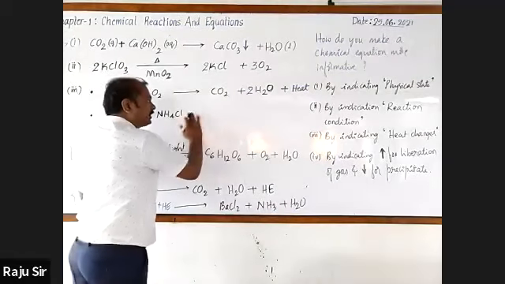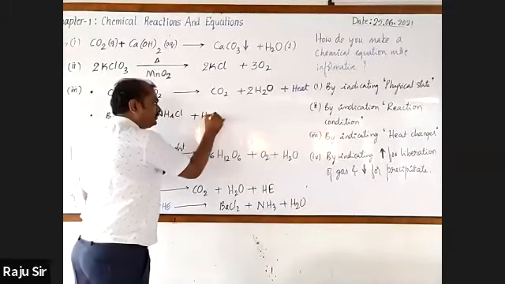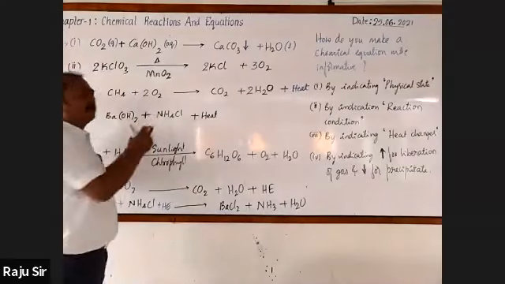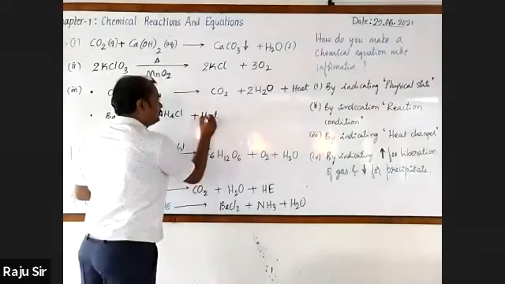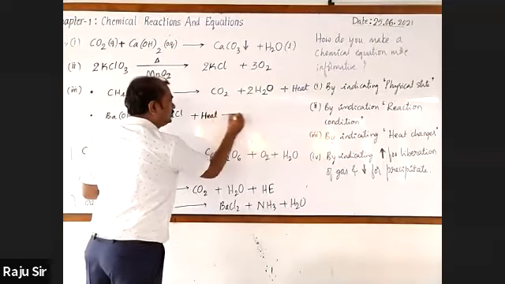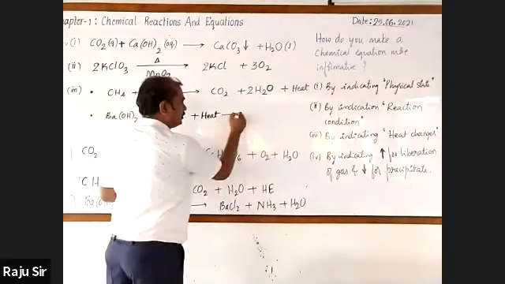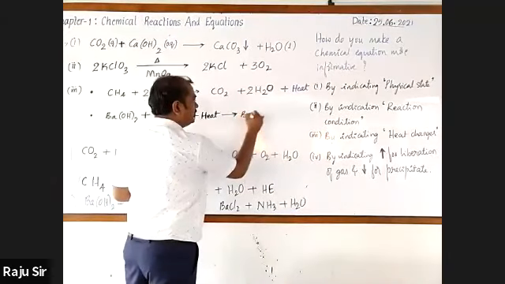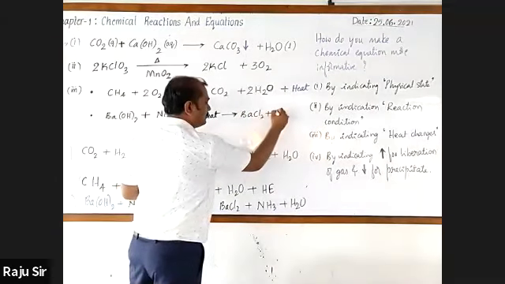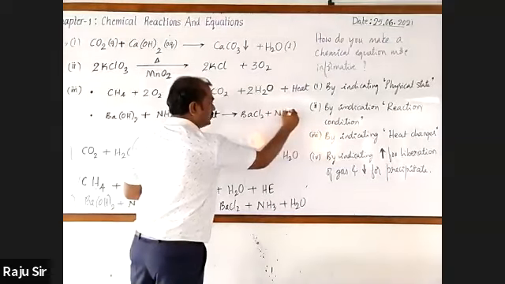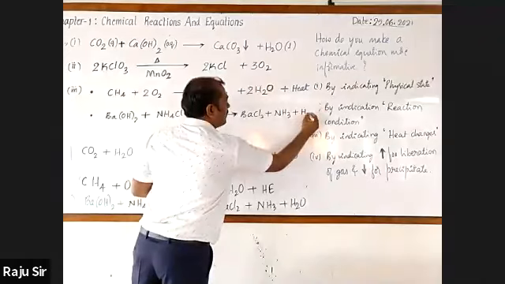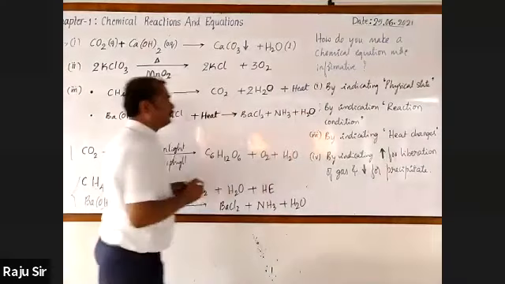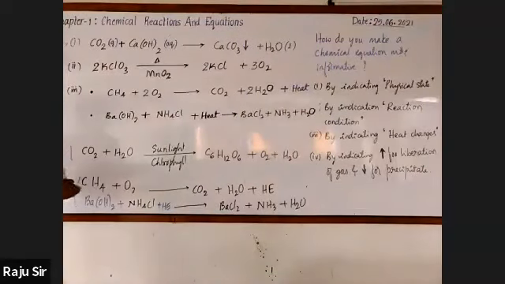Hence, I'll write plus heat. Even it can be written on the arrow mark as well. Plus heat gives rise to barium chloride BaCl2 plus NH3 plus H2O. We go for balancing it.